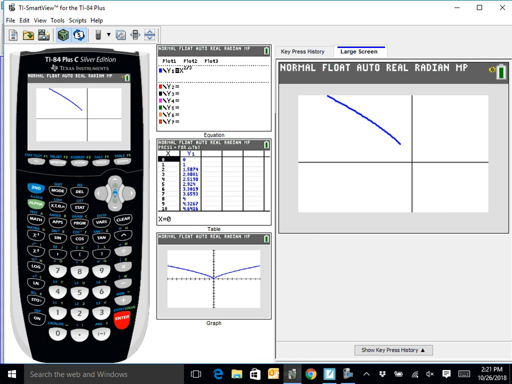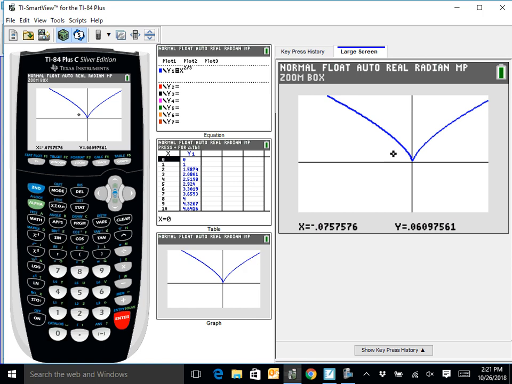So what does that look like to you? Well, to me, it looks like a cusp, like what we looked at in the second graph of the failed differentiability ones. Let's see, can we confirm that we actually can't take a derivative at 0? Well, let's go back.